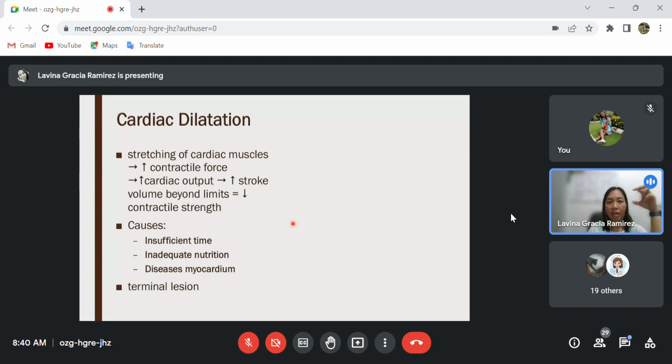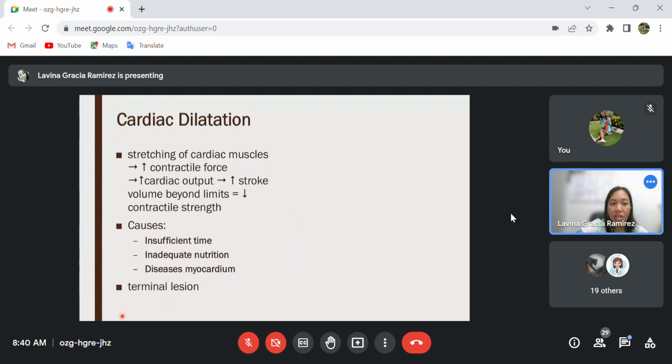So not necessarily kumapal, but dilated. Yun ang pagkakaiba nila pagdating sa hypertrophy. Pero pagdating later, meron din yung hypertrophy na dilated din. So aside from hypertrophy, may dilatation pang nangyayari. That's why one of the buttons here describes that cardiac dilatation is a terminal lesion, kasi once dilated, it's very difficult for it to return again.